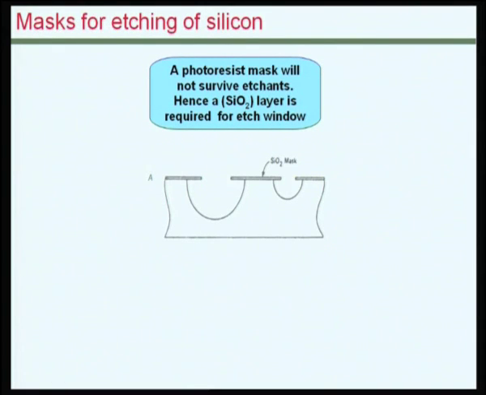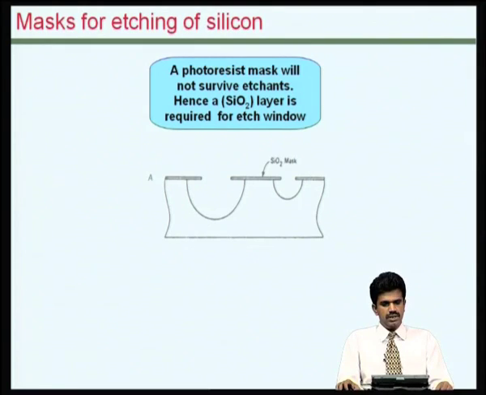One interesting thing to note at this stage is that the mask material used for defining the etch window is not photoresist, as you may have seen in other situations when thin films are etched. The etch process for thin films is fairly quick, and during the etching of the thin film, the photoresist that was covering it may not have gone completely.